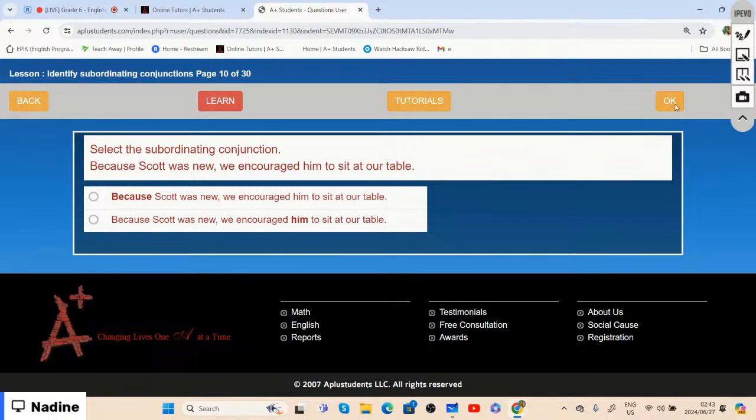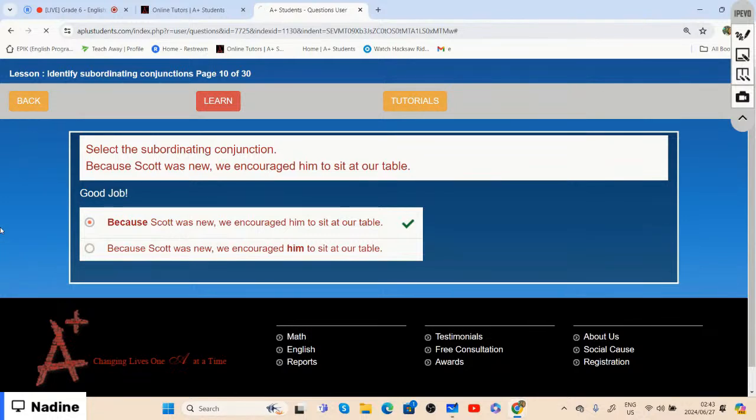And if we were to select our subordinating conjunction within the next sentence, we would go with because. So, because Scott was new, we encouraged him to sit at our table.